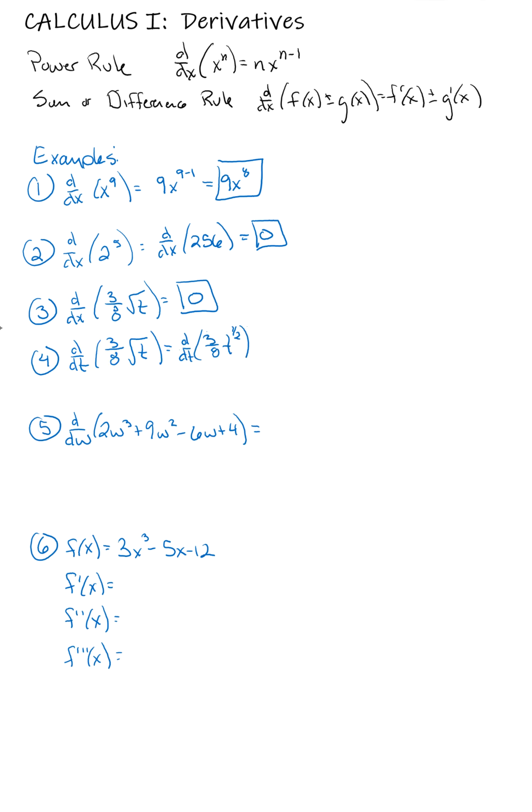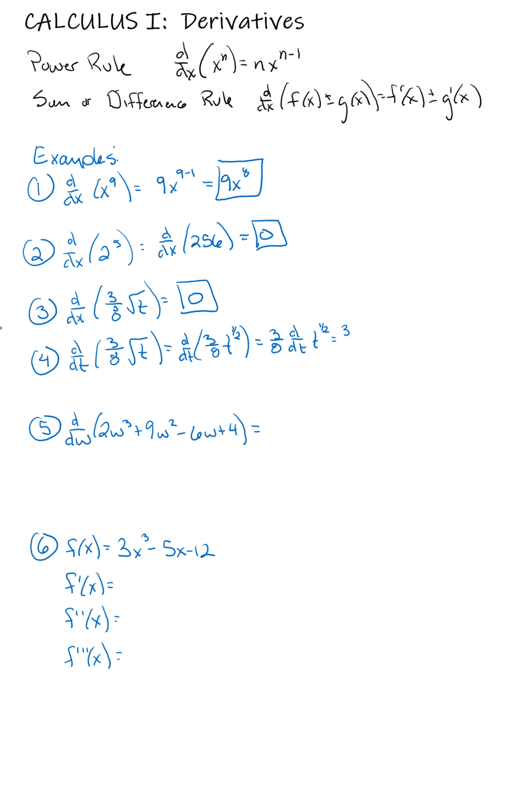Now I can see it's going to work using the power rule. The other thing I need to remember is that the 3/8 in front can be factored out first. So I'll multiply that on the outside, and then I'll take the derivative of t to the 1/2 power.